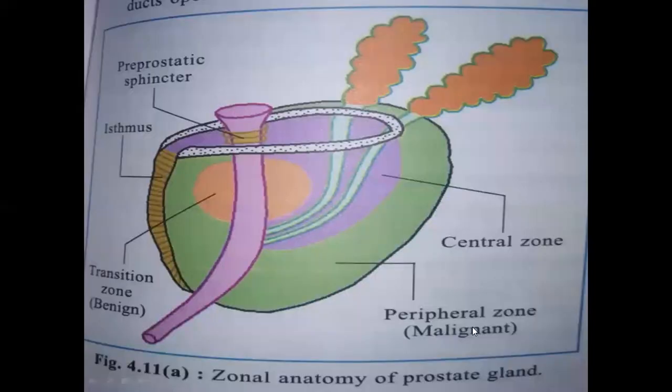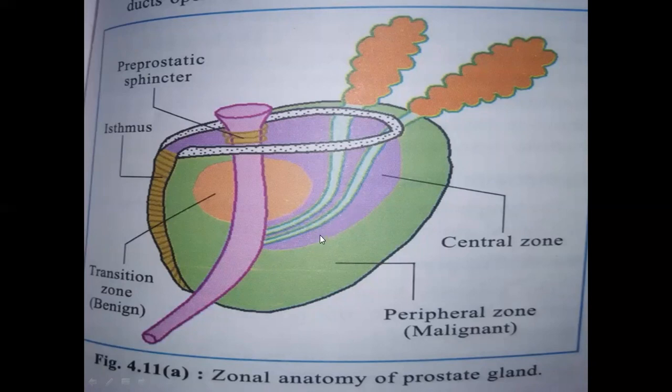Now see, this is again Datta's picture, which helps us to understand little much better. Now the zone which is shown in green color is the peripheral zone, which is prone for malignancies. That is the last stage of cancers is generally called as malignant. Now surrounding these two ejaculatory ducts, like here, this is the seminal vesicle, finally we have the ejaculatory duct, right?